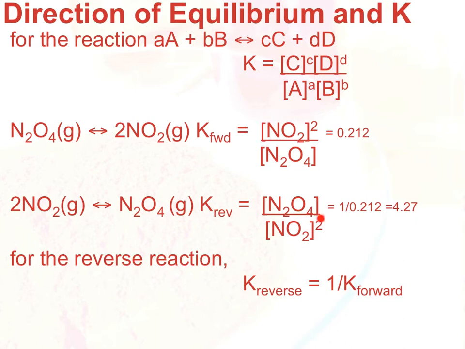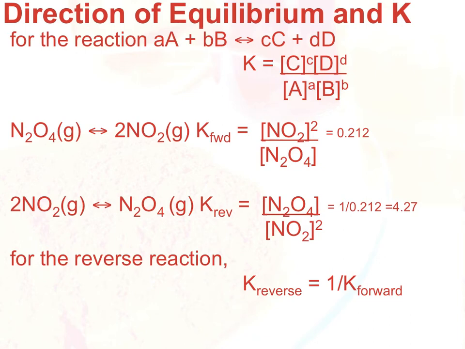Now we could plug those same numbers into the equilibrium expression for the reverse reaction and get a new answer. But what I want you to notice is that if you take the inverse of the forward reaction, you can get the reverse reaction. So if you have information about the forward reaction, you can skip the plug-in and multiply and divide approach.